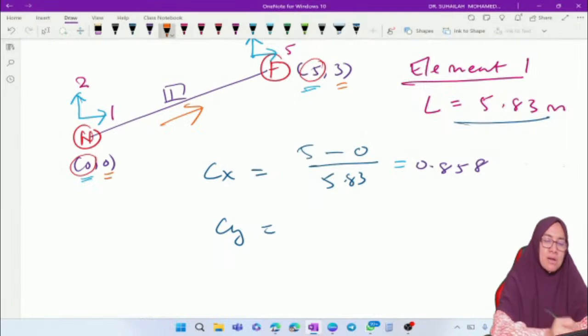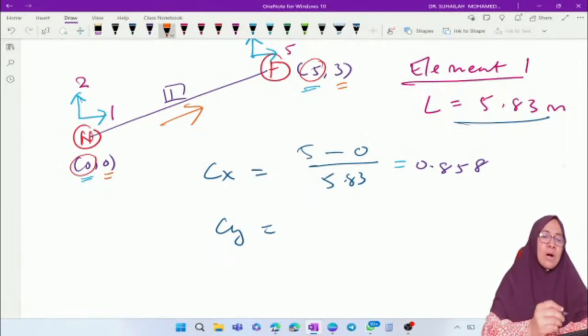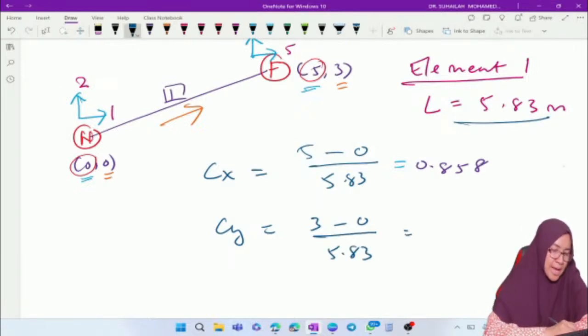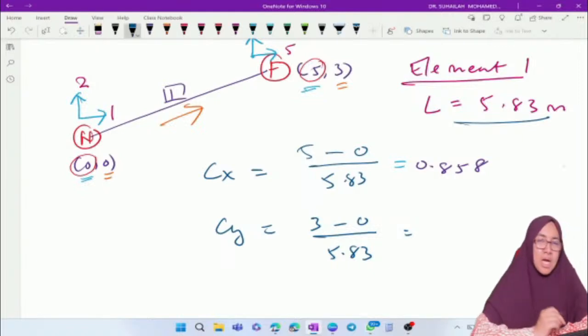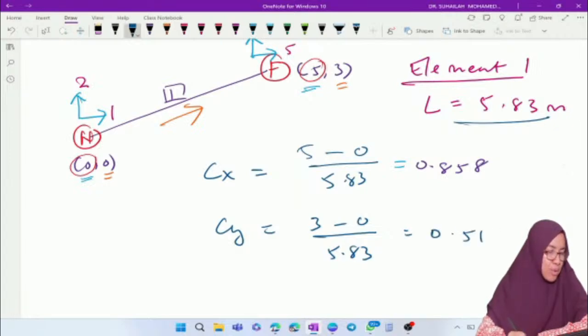It is far minus near. Far is 3, near is 0, divided by L, 5.83. So we get 3 divided by 5.83, which is equal to 0.515.